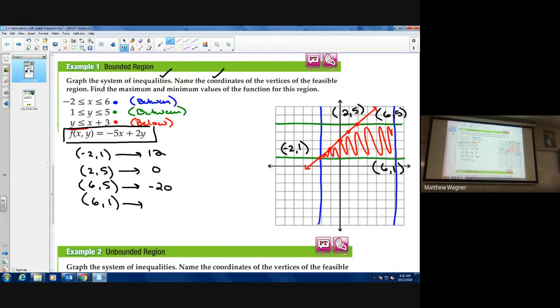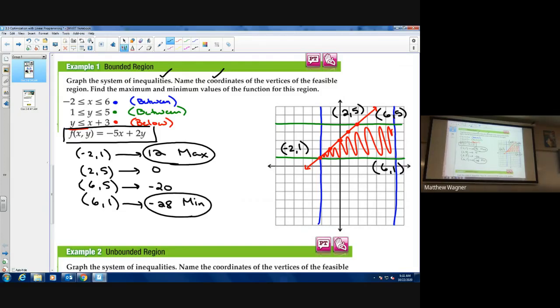And at 6, 1, I get -30 and +2, which is -28. So after we've evaluated these based on the function, you can see that 12 is the max value and -28 is the minimum.